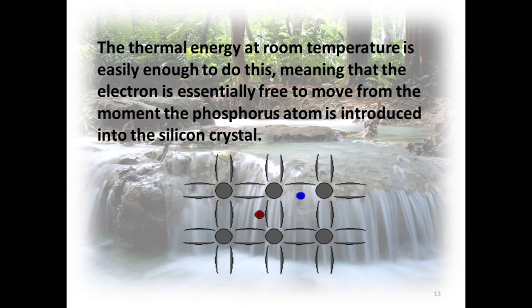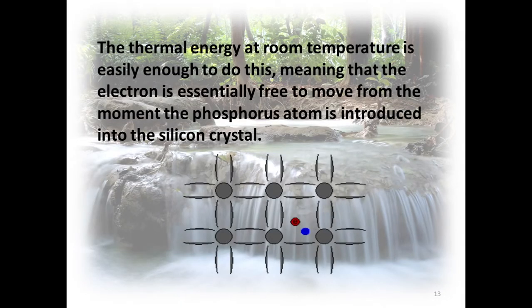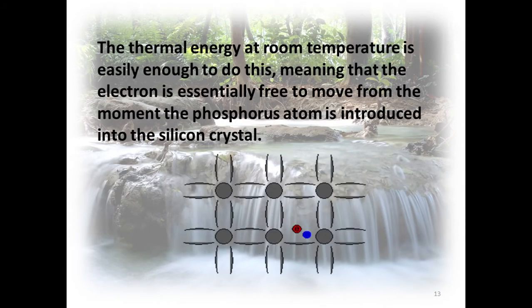So if you add these fifth group elements to silicon or germanium, then 4 of the electrons of the phosphorus atom will be bound with the silicon atoms and one electron of the phosphorus will be free.